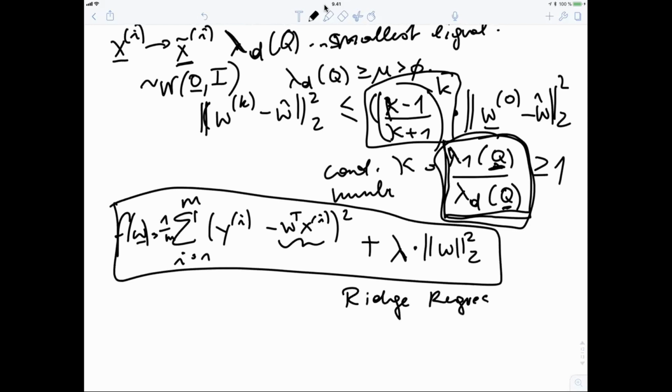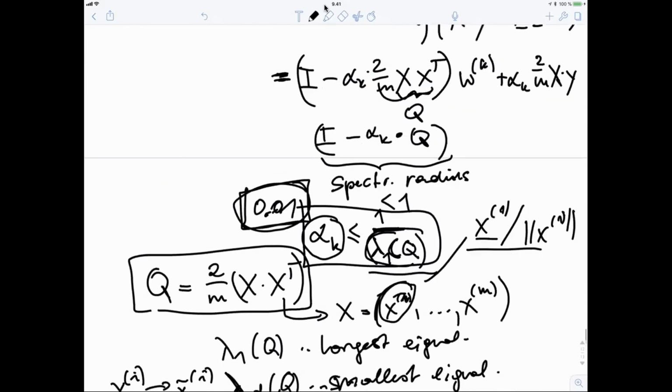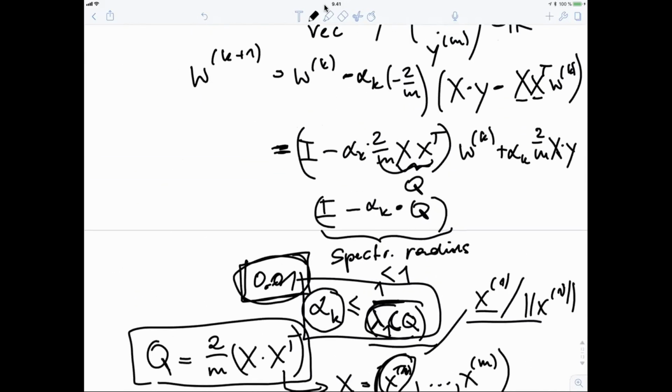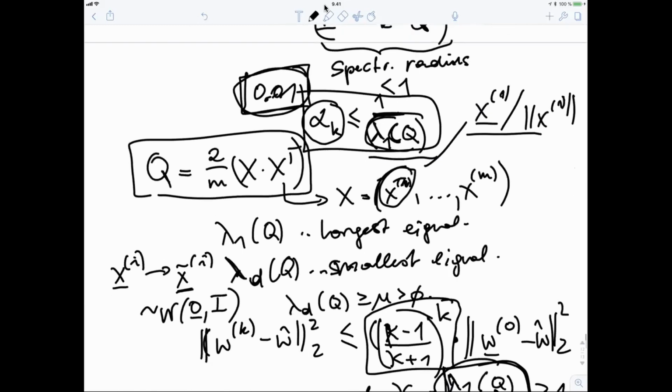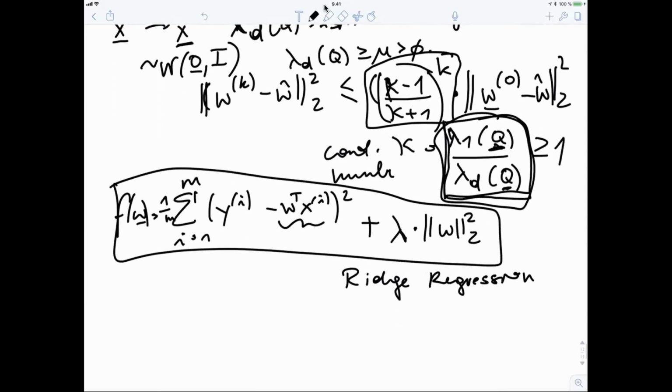And it turns out that when you use gradient descent for ridge regression, you again have a linear system for the gradient step. So the gradient step is a linear system, meaning you apply a matrix to the previous iterate and add some constant vector in each iteration.